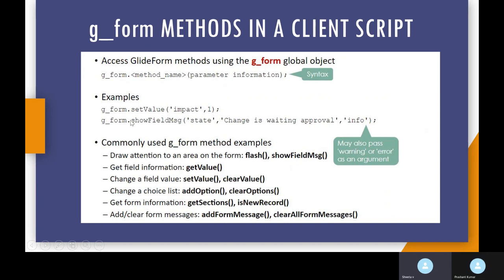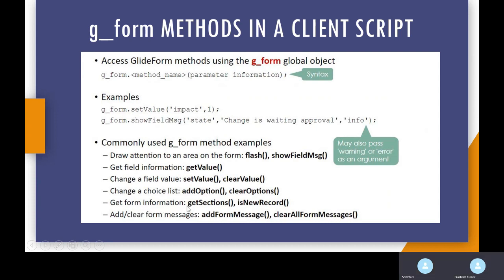You can see g_form.setValue, g_form.showFieldMessage, and there are many more, like flash and show field message. You can get field value information with getValue. You can change a field value, like set some value or clear some value. And you can change a choice list, like remove options, clear options, or add options as well.